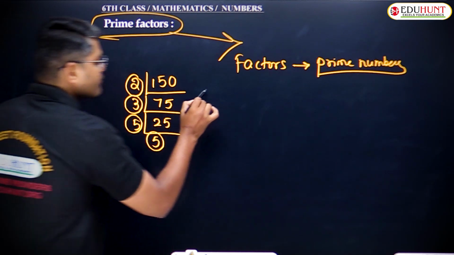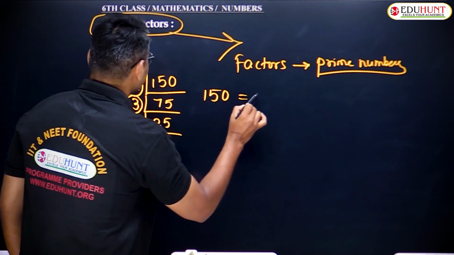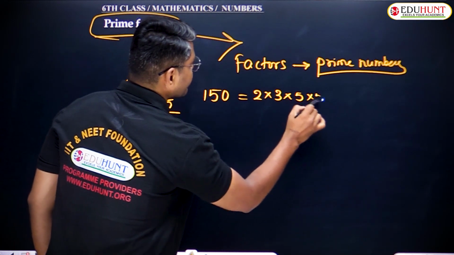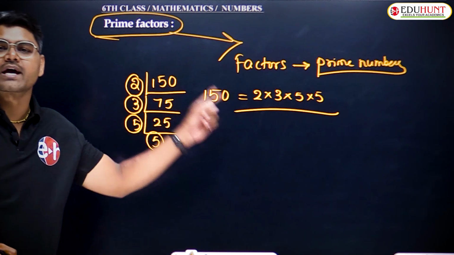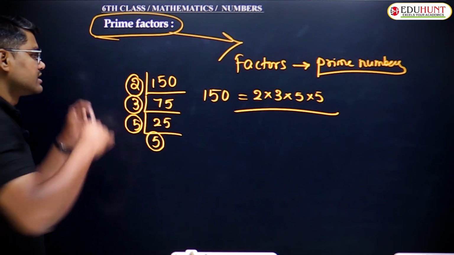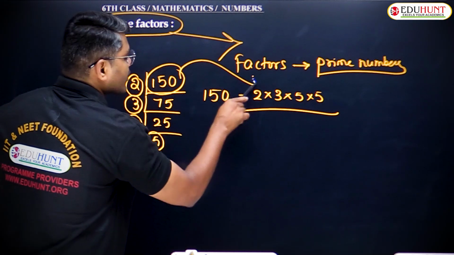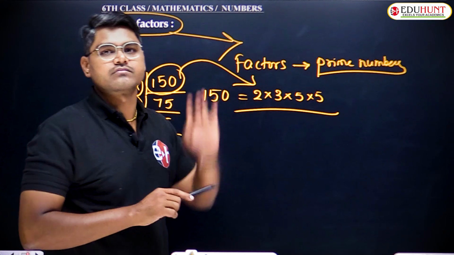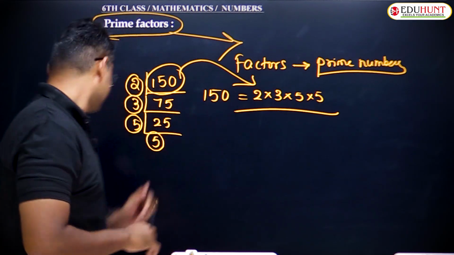So this 150 can be written as 2 into 3 into 5 into 5. So this is called prime factorization. So this 150 is written as a product of primes. What are those prime numbers? 2, 3, 5. Okay, right.